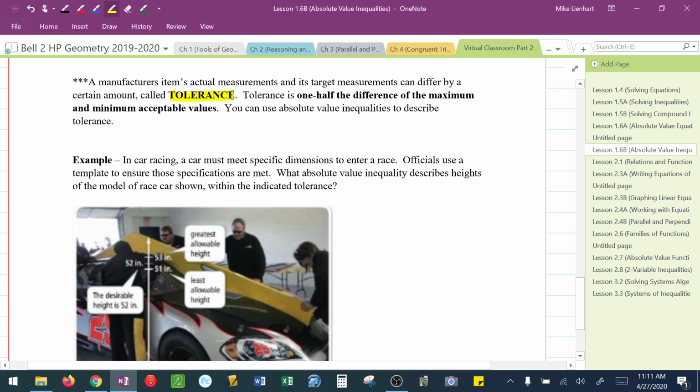So this idea of tolerance allows us to write an inequality. I know that our smallest value here is 51 and our largest value is 53. I got that from the picture.